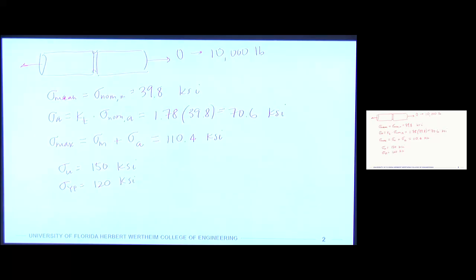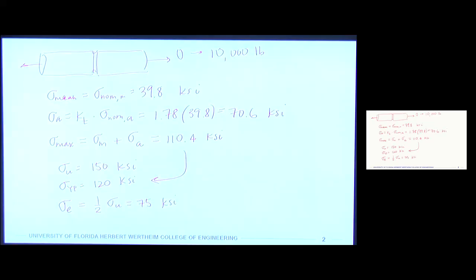So we are close to the yield point, right? 110 is fairly close to 120. And if we go back to our rules of thumb, I think it was way back in chapter 7, we can approximate the endurance limit, because this is a ferrous metal, as half of the ultimate strength. So in this case, that's 75 KSI.